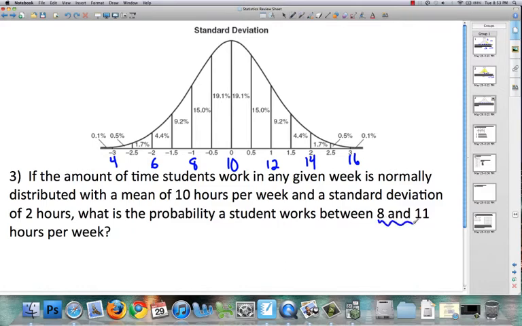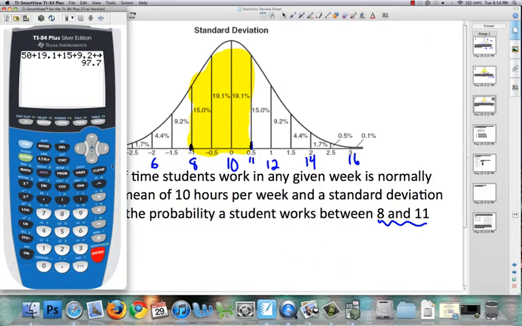It says between 8 and 11. Well, here's 8, and 11 would fall right here. So that's a half of a standard deviation above. So for the probability, we are going to have to add these percentages here from 8 to 11. So from 1 standard deviation below to half a standard deviation above.